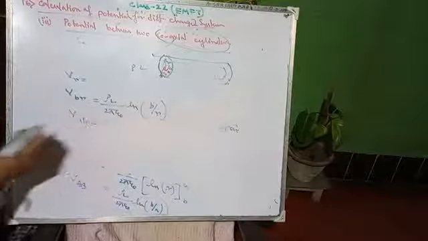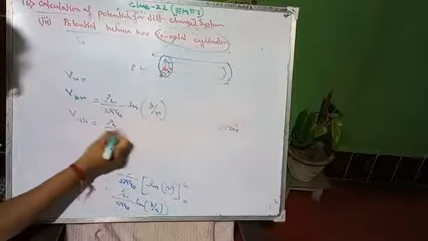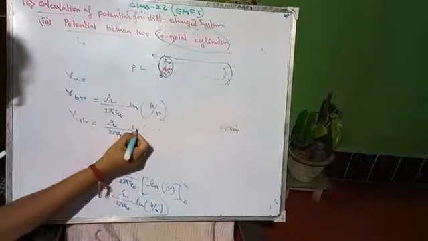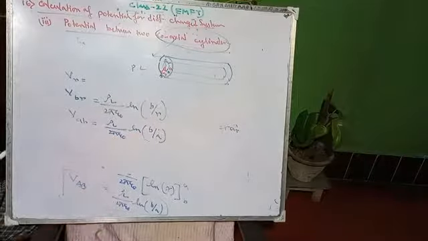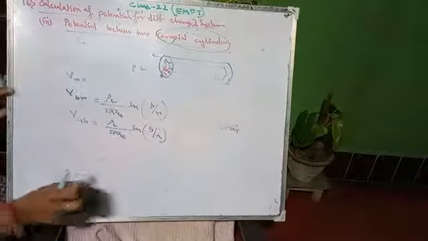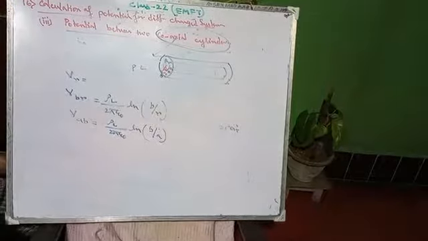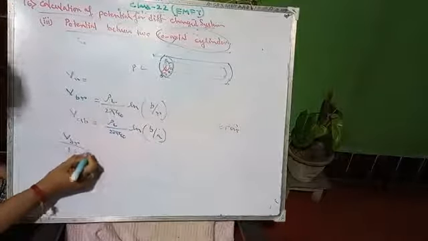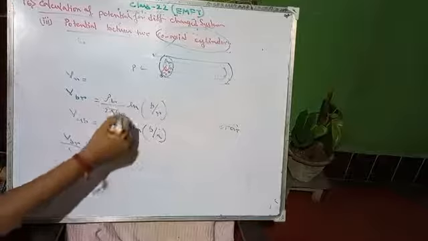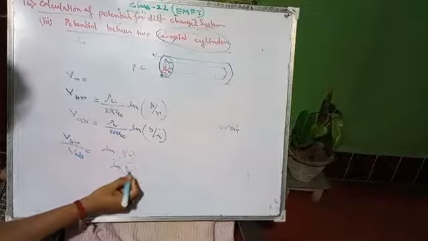VAB equals rho L by 2 pi epsilon naught ln B by A. So this VBR by VAB, can we express it as ln B by R divided by ln B by A, since the common terms cancel out themselves.